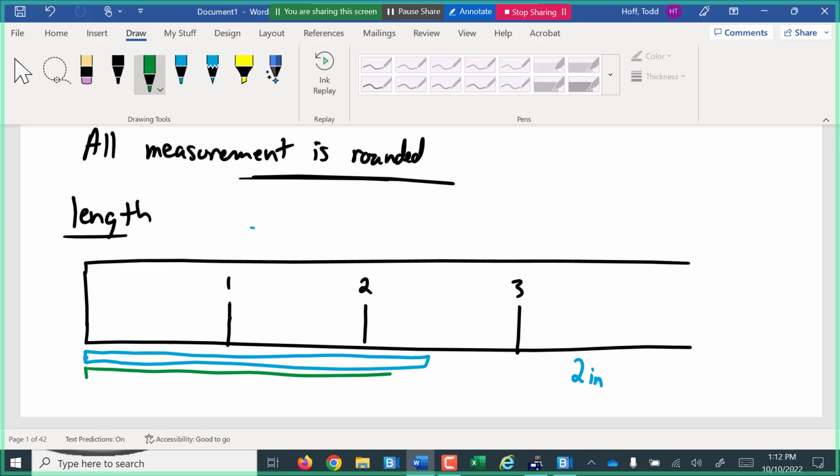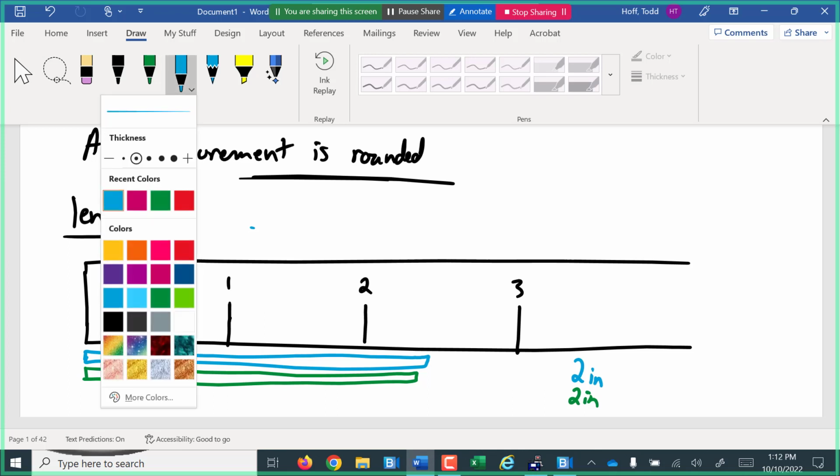Now if I put this green bar in here, that would also be recorded as 2 inches. Now the green bar and the blue bar are not the same length, but this measuring device is not capable of distinguishing between them. We call that precision.